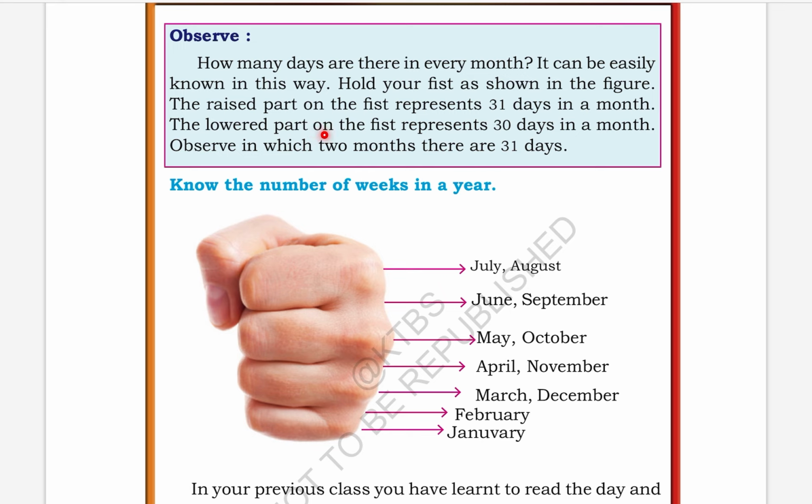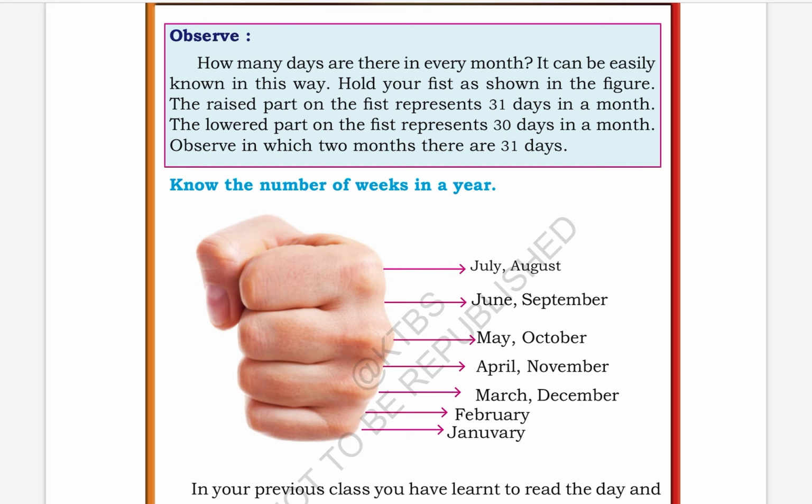And the lower part of the fist, see this one, this is a lower part. Are you able to see? Lower part, lower part, raised part, raised part. So the raised part of the fist represents 31 days, and the lower part represents 30 days in a month.